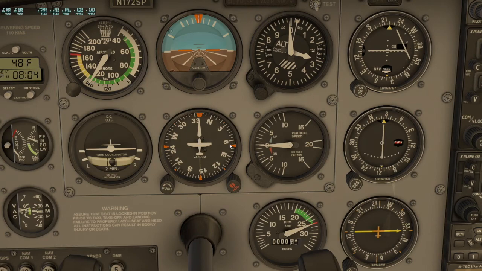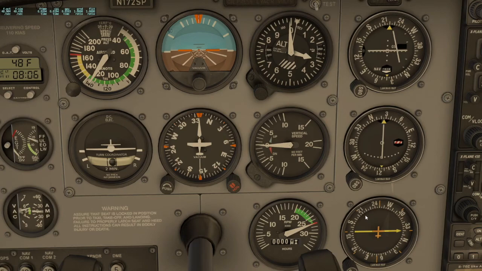I'm going to turn to heading 025 for the final step of intercepting 250 inbound. Here we go. Now the needle is starting to move to the center, and at that point I'm going to turn to 025 in order to intercept my inbound radial of 250.